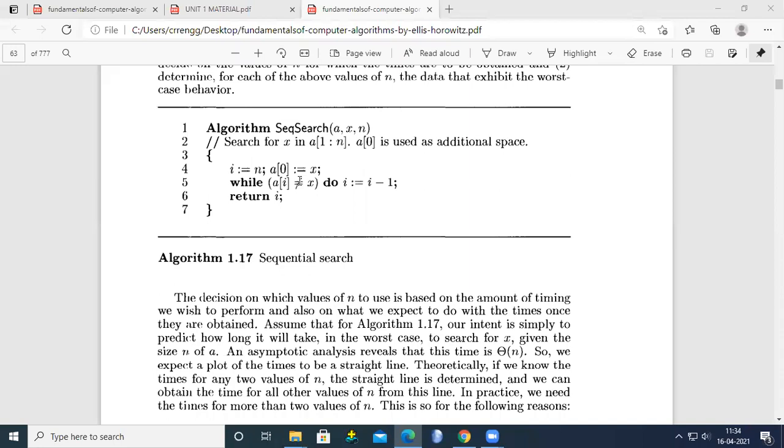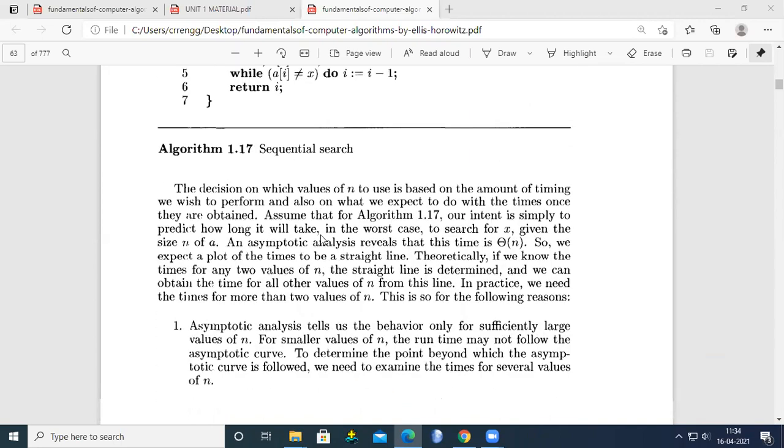If a of I is not equal to x, you continue the loop. If a of I equals x, that means the required element is found, so searching is completed. We can return the index in the array where that particular element x is found.